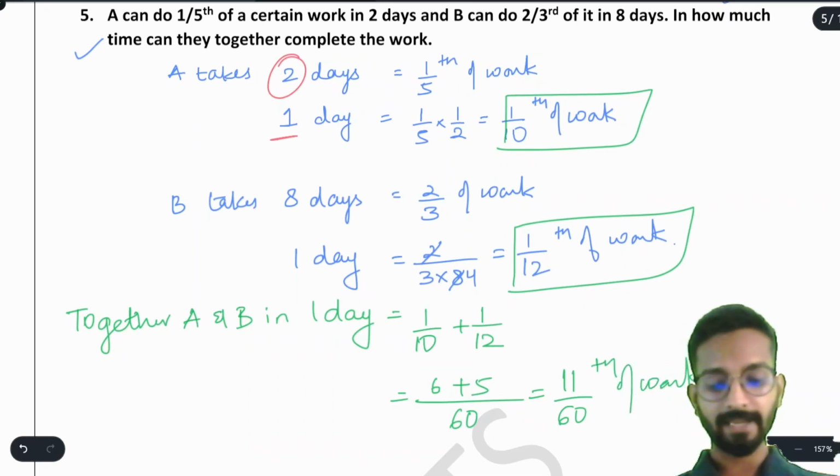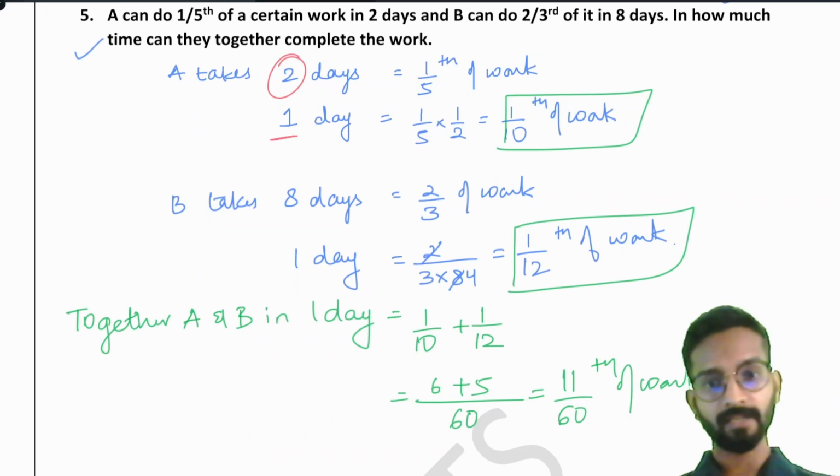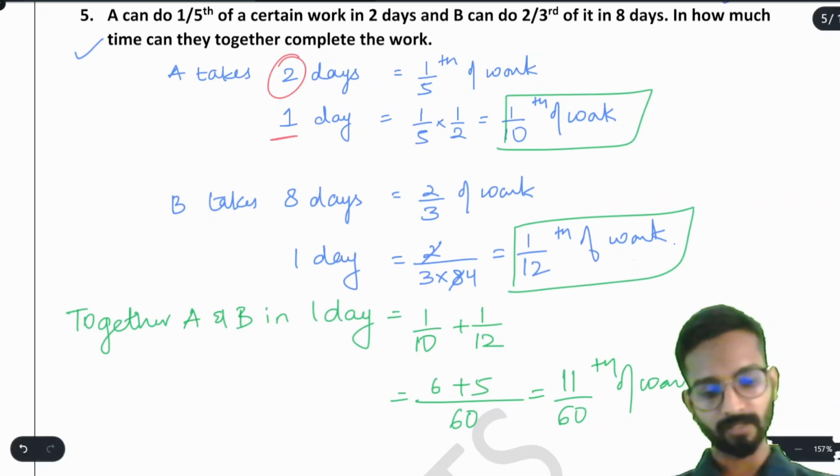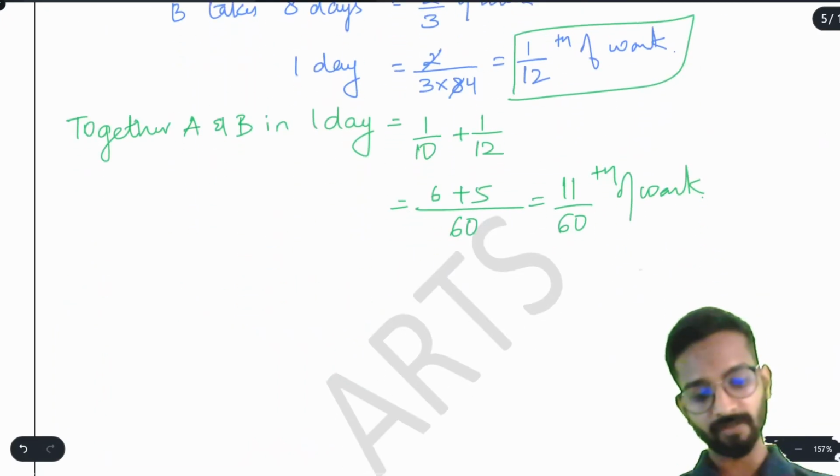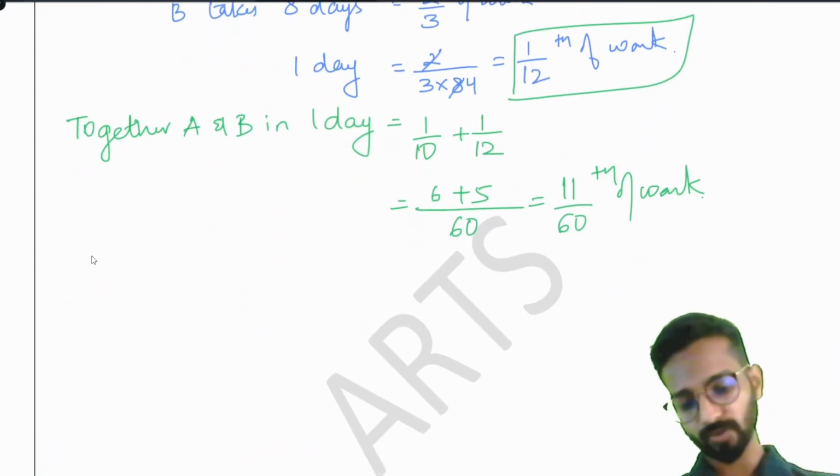Remember this, A and B together in one day can complete 11 by 60th of the work. But they are asking us what? They are asking in how much time can they together complete the work. I have already told you, whenever they are asking to complete the work, you just have to do the reciprocal.